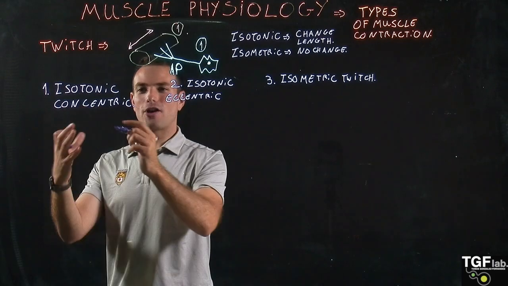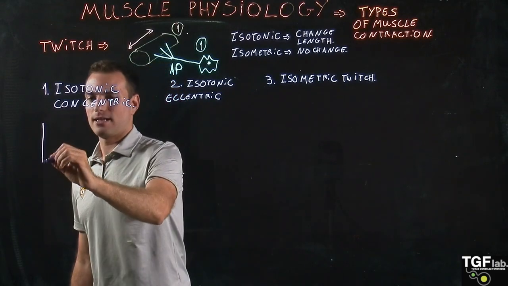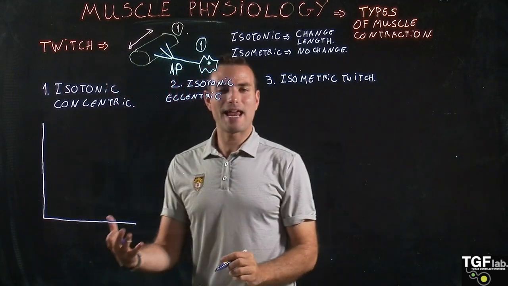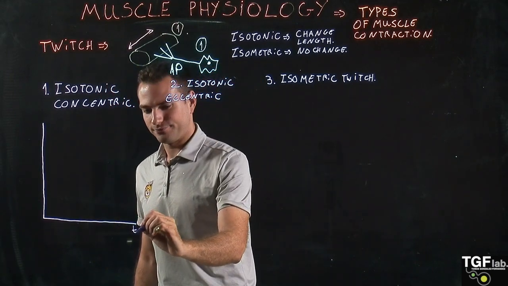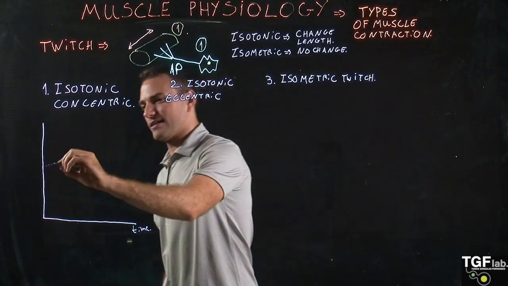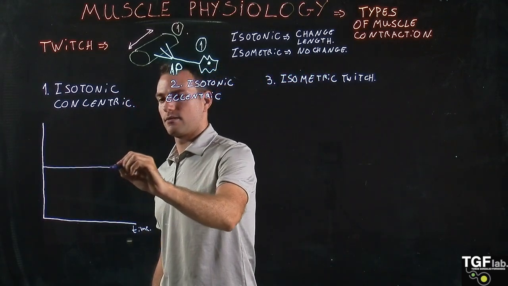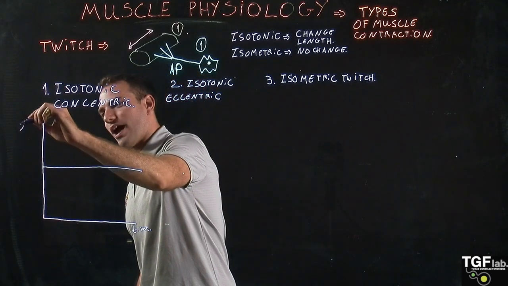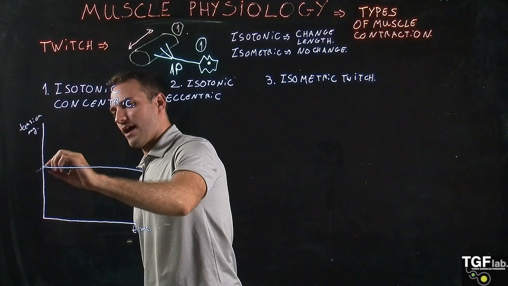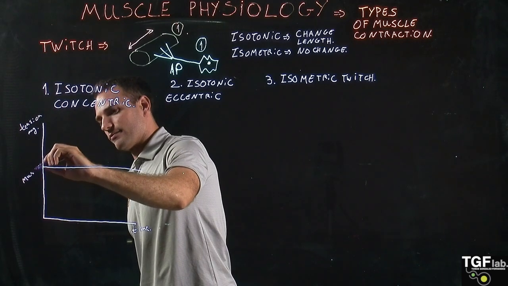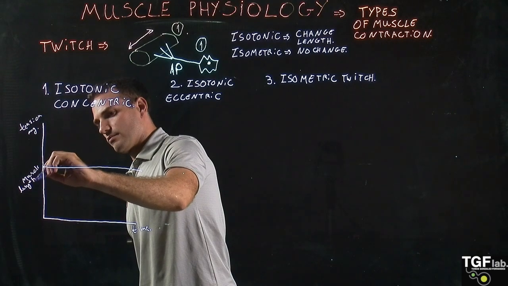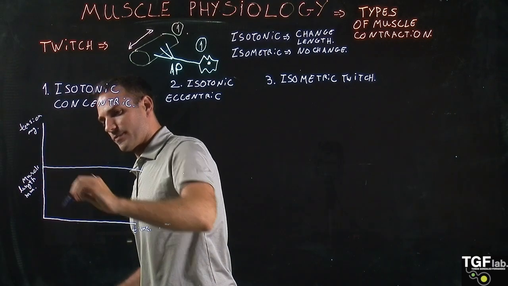So the isotonic concentric, let's have a diagram. Here in this diagram, we have time here. And we are going to have two different measurements. Here we are going to have tension in milligrams, and here we are going to have muscle length, which is in millimeters, okay?